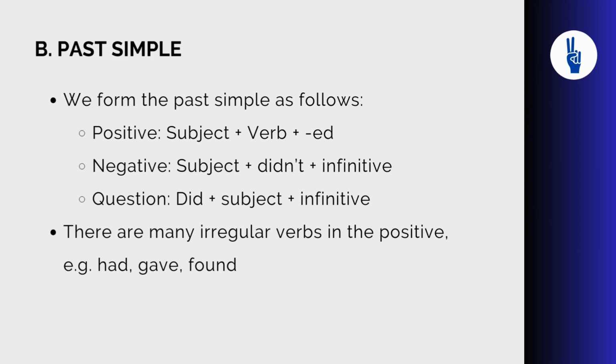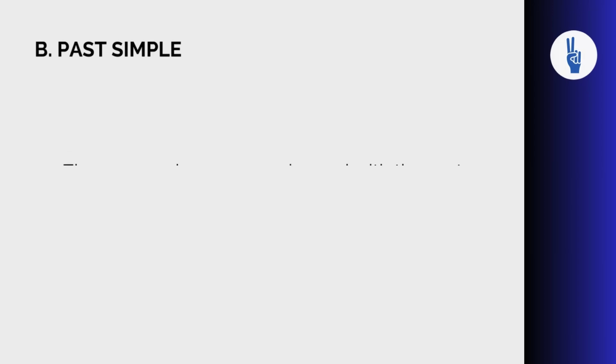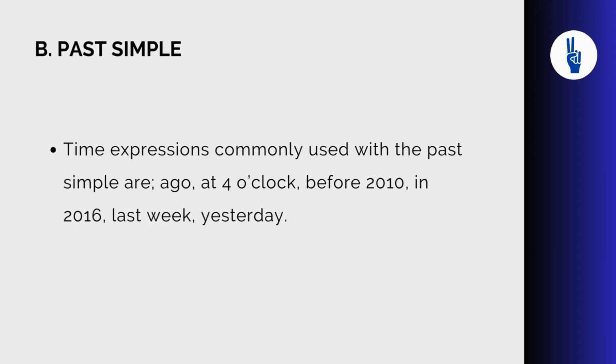Past simple can be regular verbs that are formed by adding d or ed to the verb, or irregular verbs that change their spelling to form the past tense. There are many irregular verbs in the positive, like had, gave, found. Time expressions commonly used with the past simple are ago, at 4 o'clock, before 2010, in 2016, last week, yesterday.